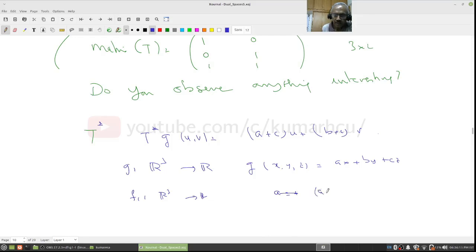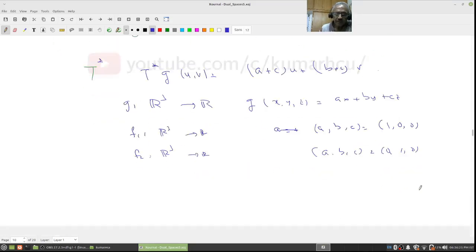Let me write it. In this case ABC is 1 0 0 and F2 from R3 to R is where ABC is 0 1 0 and F3 from R3 to R is ABC is 0 0 1.